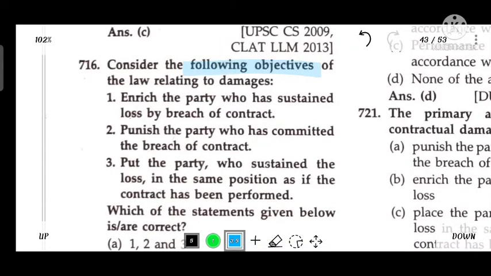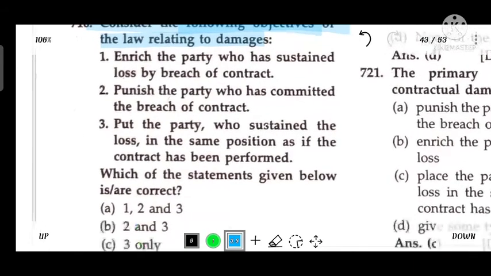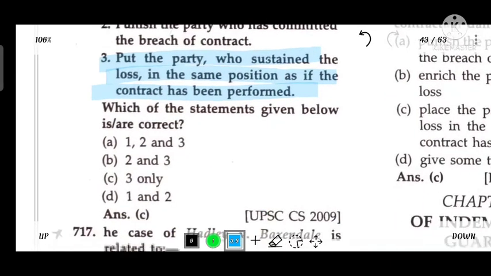Consider the following objective of the law relating to the contract: put the party who sustains loss in the same position as if the contract has been performed.